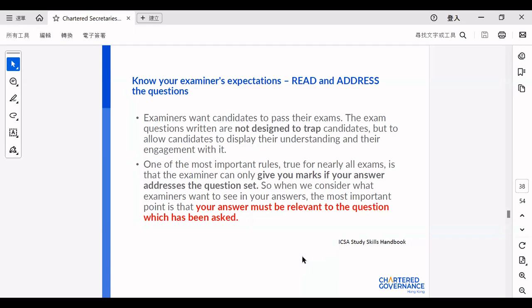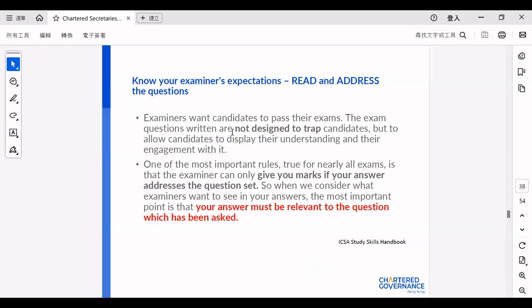Instead of making you guess what to be answered. So they just help you to pass. It's just that you could not pick up the points, pick up the hints from the examiner. That is the big trouble. You cannot pick up the hints from the examiner, and therefore you could not answer the questions well.